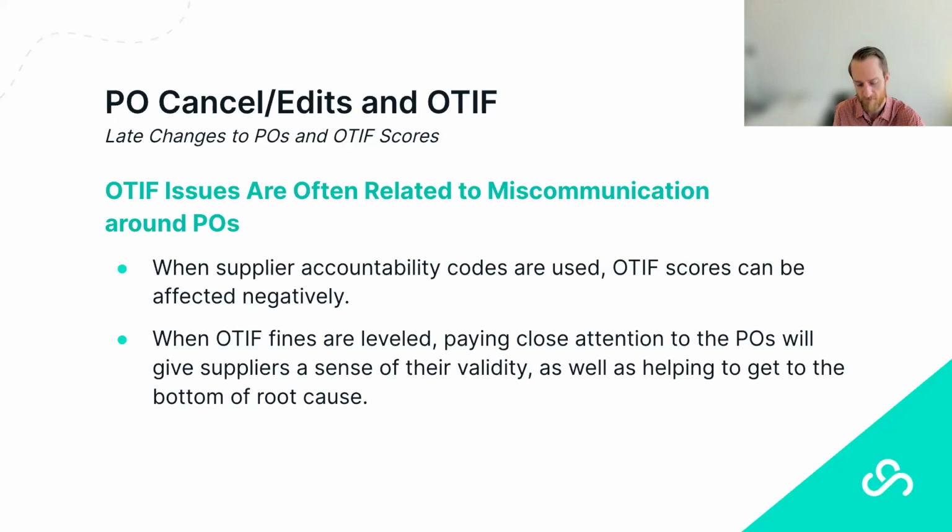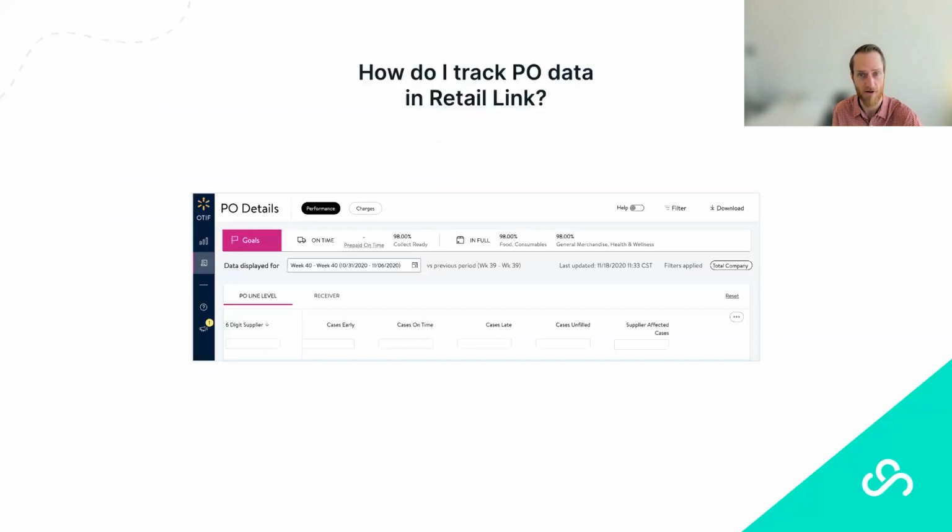So we're going to dig a little bit deeper into that here shortly, but I do want to real quick talk about how you can track your PO data in Retail Link. This is a great way to see the reason codes that your people have been picking on POs.